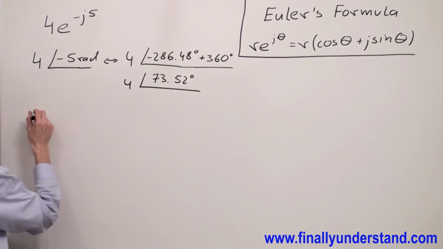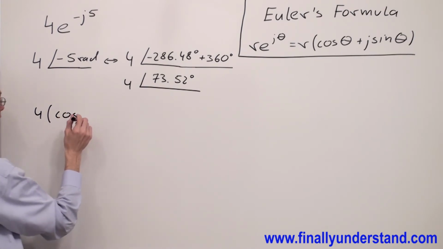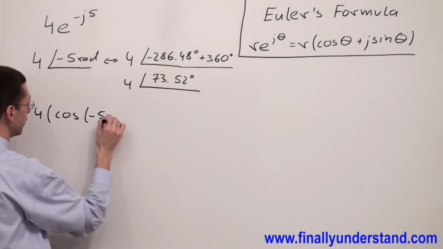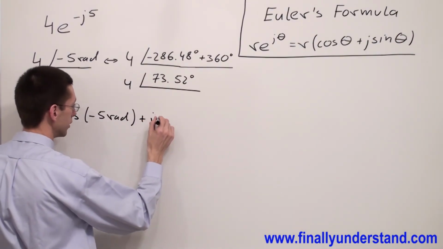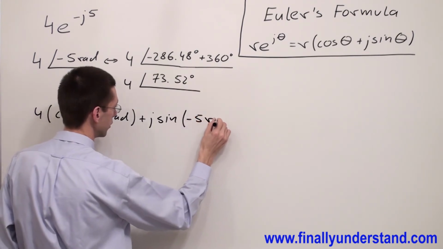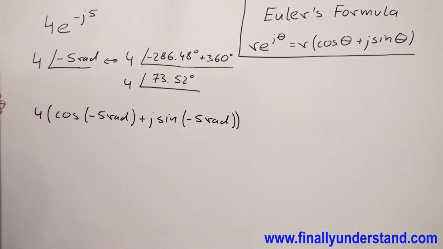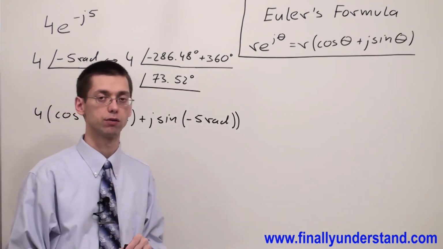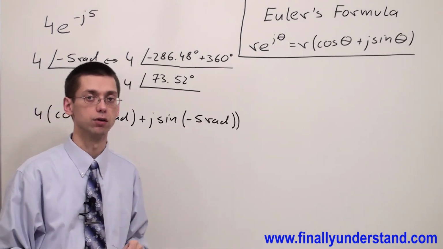I have 4 and I have cosine of my angle, -5 radians, plus j sine of an angle of -5 radians. Okay, this is the complex number expressed in the trigonometric form with angles expressed in radians.